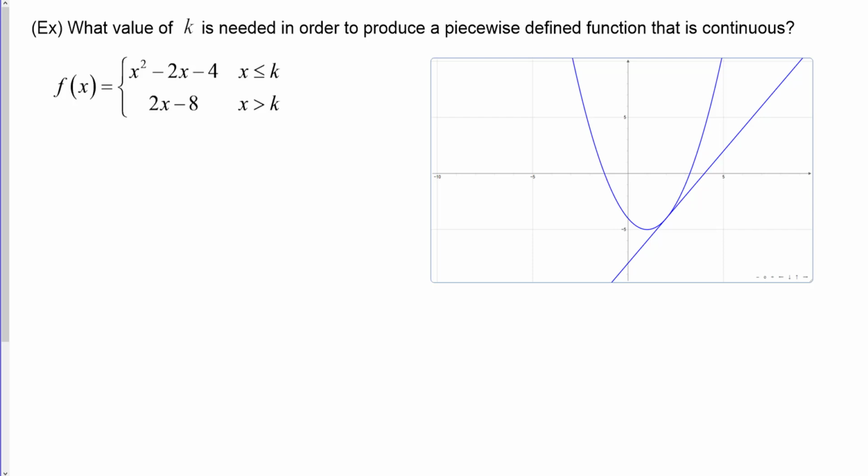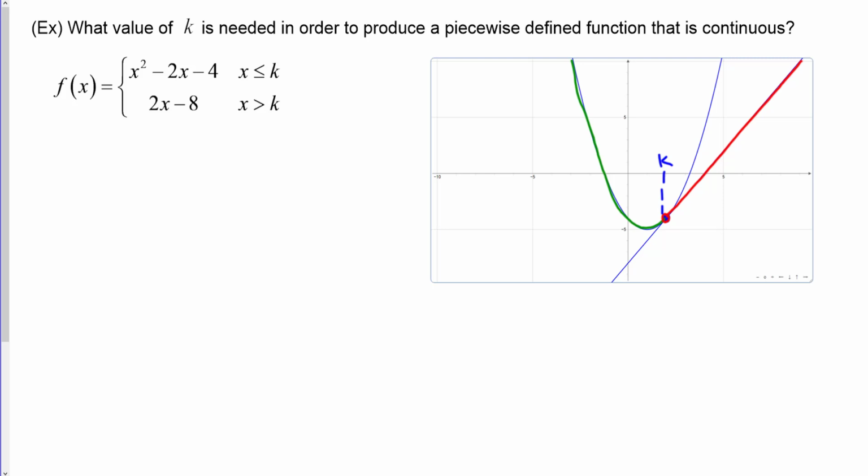The point that's going to be useful is where they intersect. So I need the first function to continue up until this point, and then I need my second function to begin from here and go on. So whatever this value is right here, this is the value of k that I'm looking for.